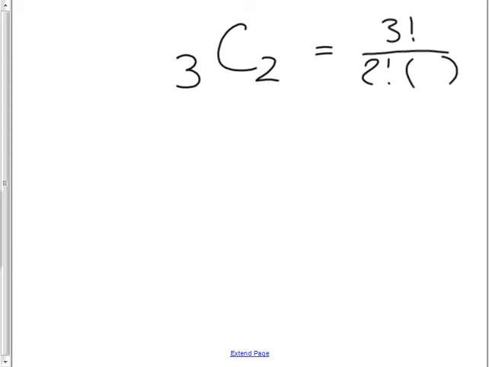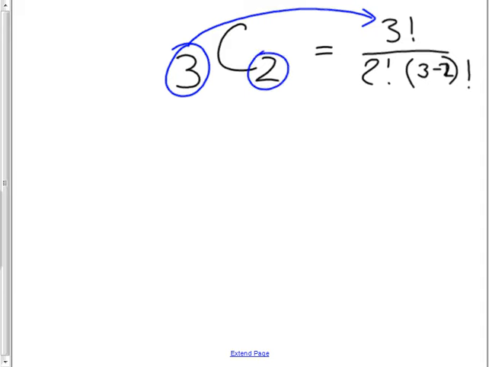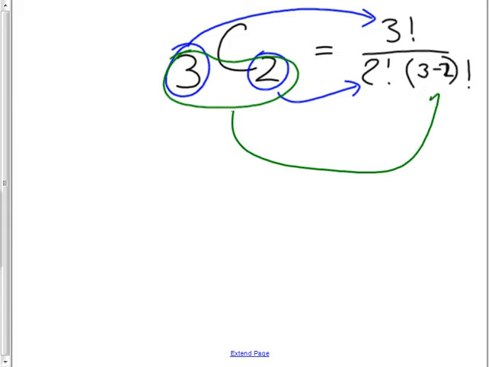How'd you get the 1 though? 3 minus 2 factorial. Notice what I'm doing here is I take this number and I put it on the top. I take this number, I put it on the bottom. And then I take this number minus this number and I put it on the bottom also.